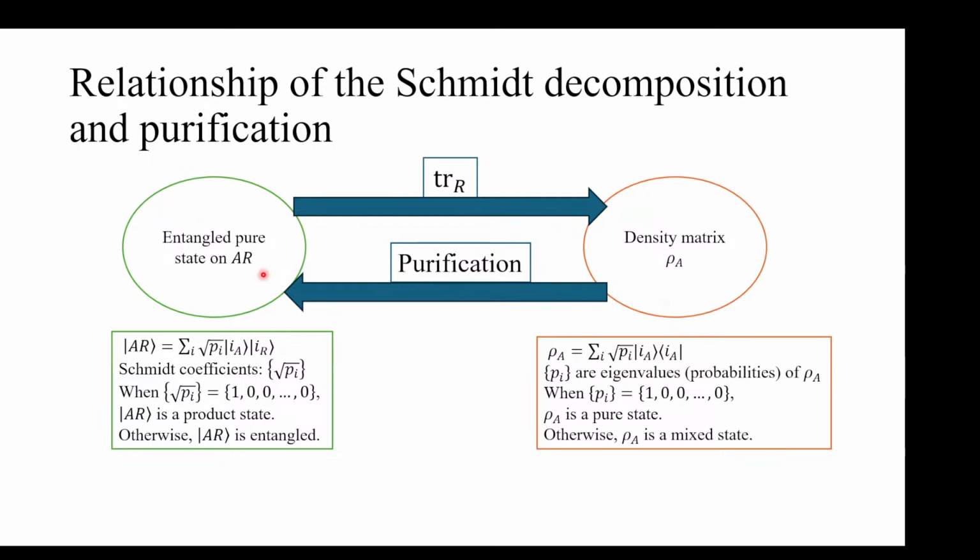And this trace part is actually something you can do kind of physically. You can literally just throw away your system R, or seal it somewhere and just not touch it anymore. Then basically what you get is a reduced density matrix rho_A. But the other part, purification, is mostly mathematical. You have a reduced density matrix on system A, and mathematically you can always find a pure entangled state on AR such that the trace over R is equal to rho_A.